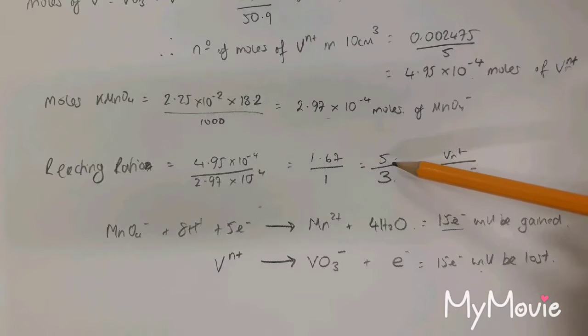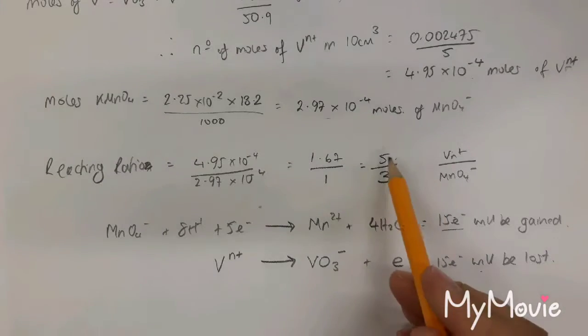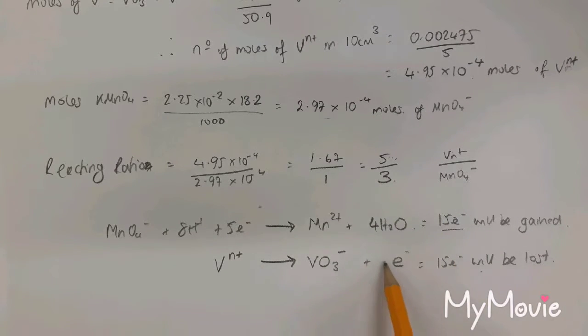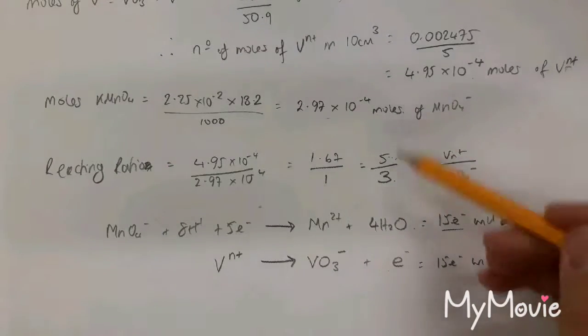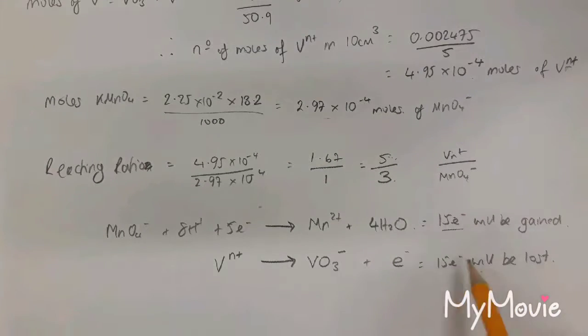Now, because we know that 5 moles of the Vn plus ion, the vanadium ion, are reacting, we can use that to determine how many electrons are lost by one of them. If 5 moles are reacting, and we need to lose 15 electrons in total, 5 times 3 is 15. That must mean that each vanadium ion must be losing 3 electrons to make the total of 15 electrons that can be lost.